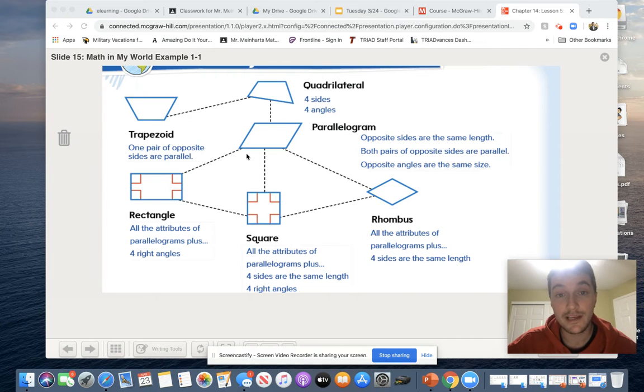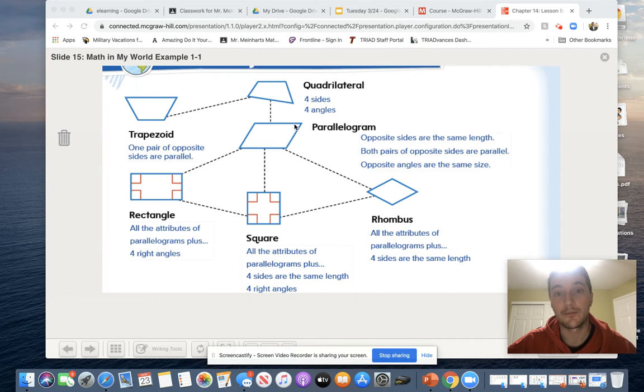Both sets of these lines are parallel because this line and this line will forever go like that and never touch. This line here and this line here, again, will forever go and never touch. Now what about the opposite angles? This angle here and this angle here are greater than a right angle. They're both opposite ones, and they're the same angle.